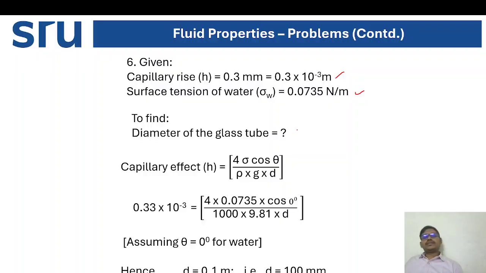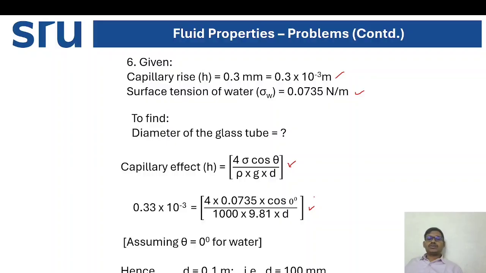Next, to find the diameter of the glass tube, capillary effect is H is equal to 4 sigma cos theta by rho g D. So here 0.33 into 10 power minus 3 is the capillary effect, 4 into sigma, that is 0.0735, into cos theta, that is equal to 0, by 1000 into 9.81 into D.